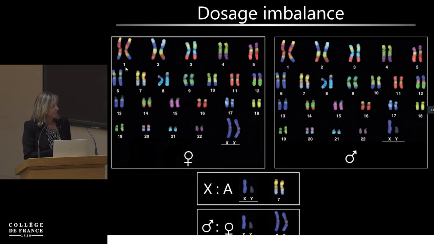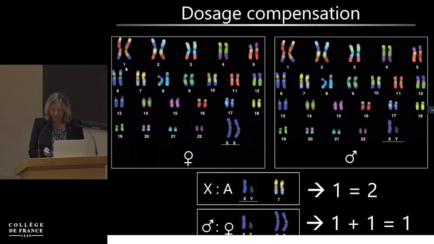The other imbalance is linked to the comparison between males and females, because, as I just mentioned, males have one X chromosome while females have two. So there are mechanisms that evolved to compensate these imbalances, and these mechanisms make sure that ultimately 1 is equal to 2, and that 1 plus 1 is equal to 1.